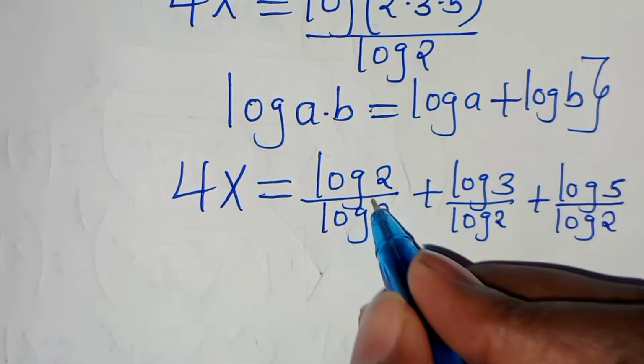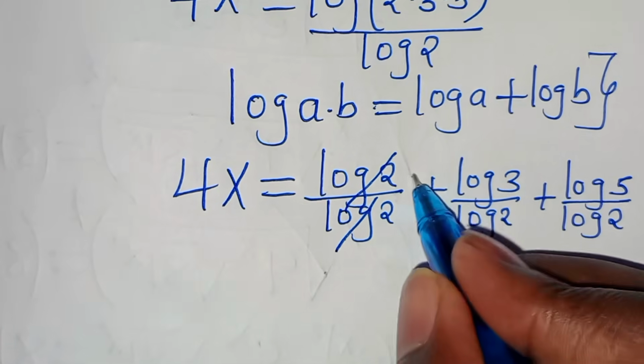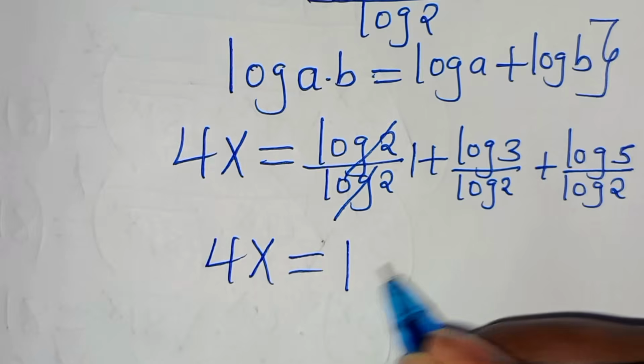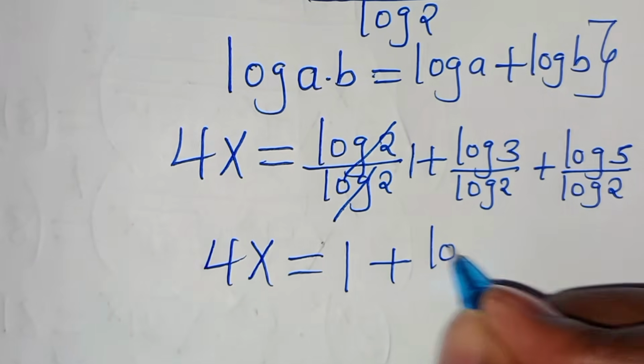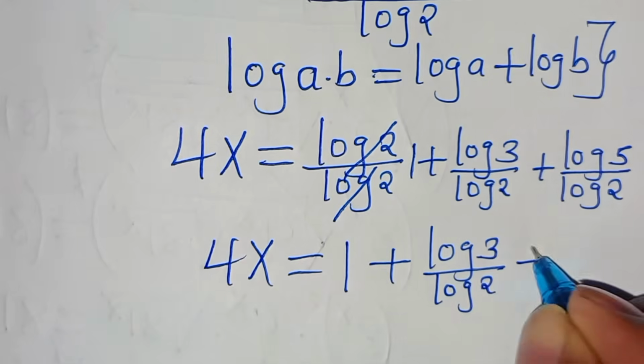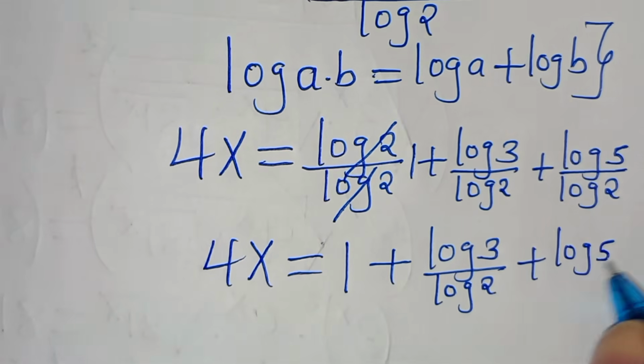Now let's simplify log 2 and log 2 here. So this is equal to 1, so that we have 4x equal to 1 plus log 3 divided by log 2, then plus log 5 divided by log 2.